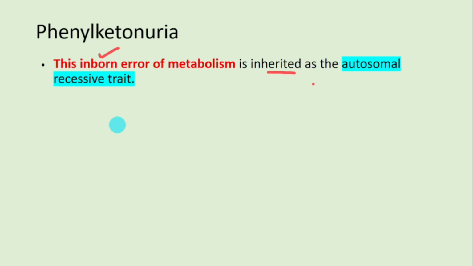So in the question in NEET exam, you might get an option and you will have to identify whether this is autosomal recessive or autosomal dominant, or X-linked recessive or X-linked dominant. So remember, phenylketonuria is autosomal recessive.